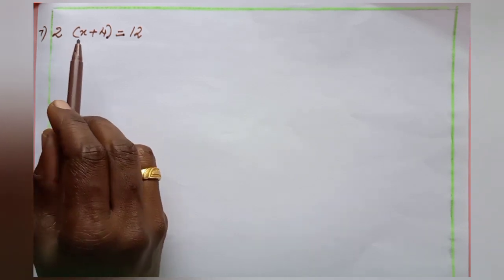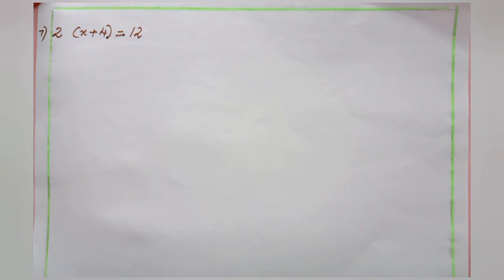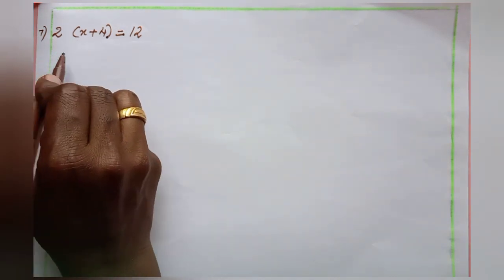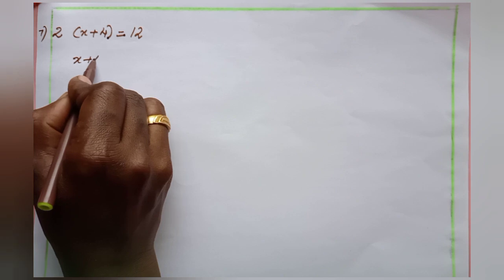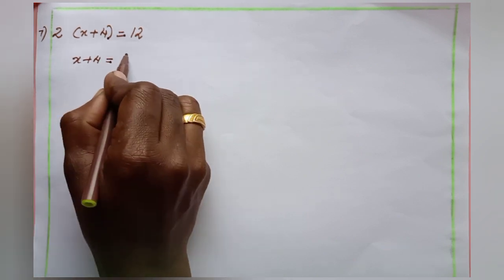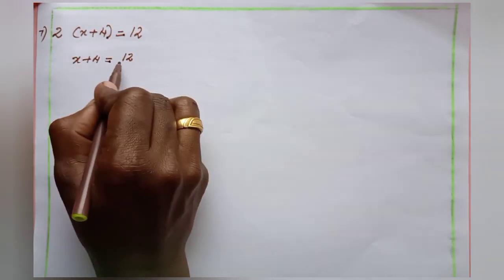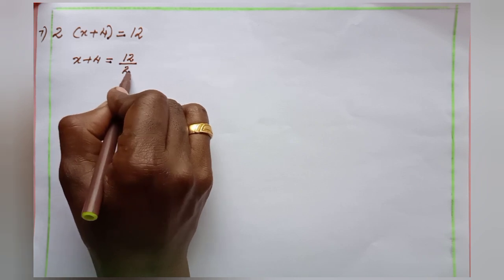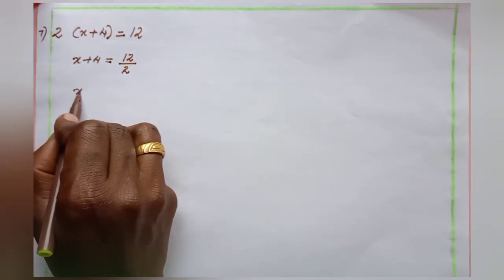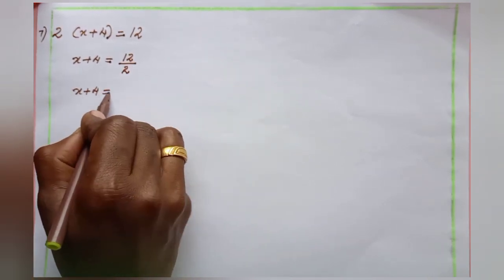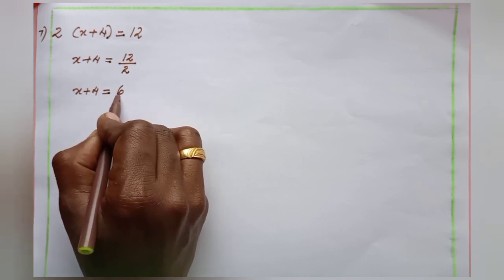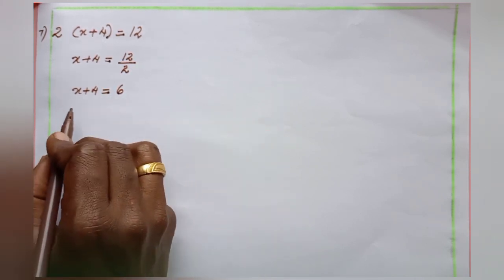So 2 into, transpose to the right side, the multiplication changes into division. So we get x plus 4 equal to 12 divided by 2, which is 6.